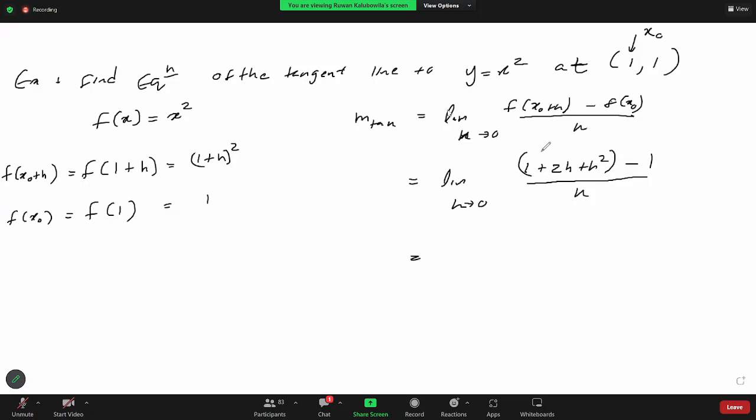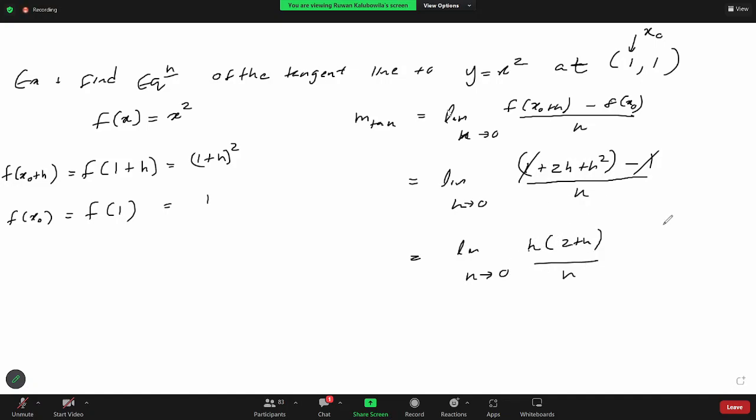Now the 1 cancels, and you can take out the h from this, then we have (2 plus h) divided by h.